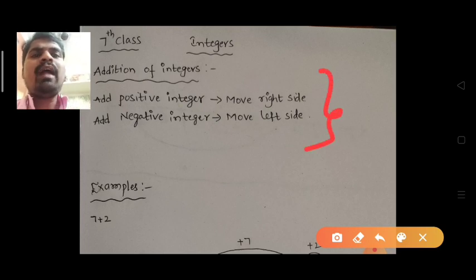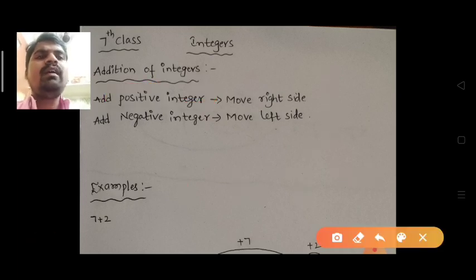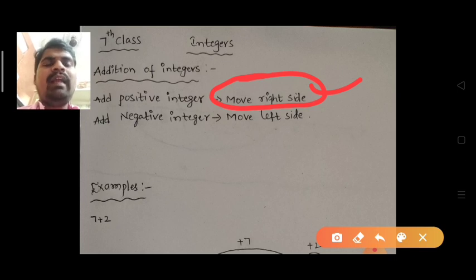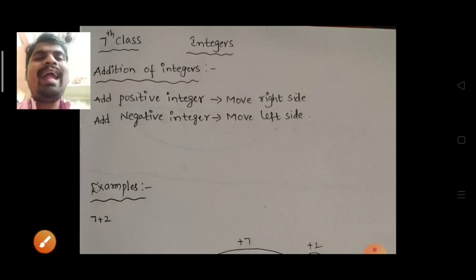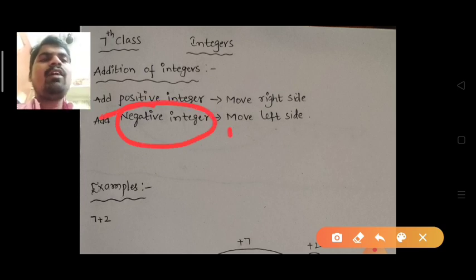If you want to add a positive integer, for example 1, 2, 3, like that, positive integers, on the number line, you compulsorily should move right side of the number line. If you want to add negative, you should move left side of the number line.